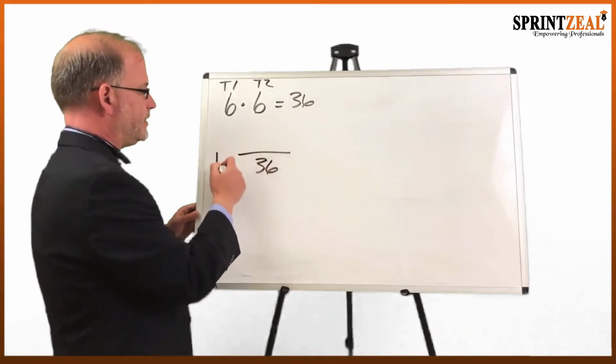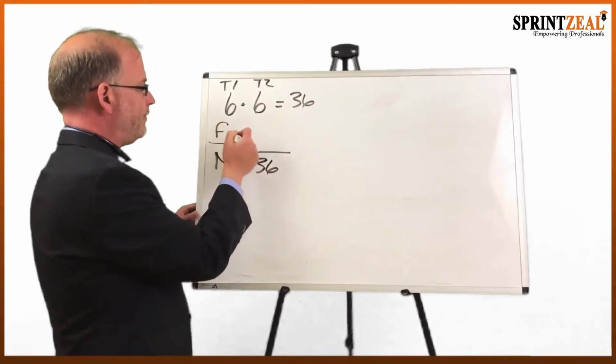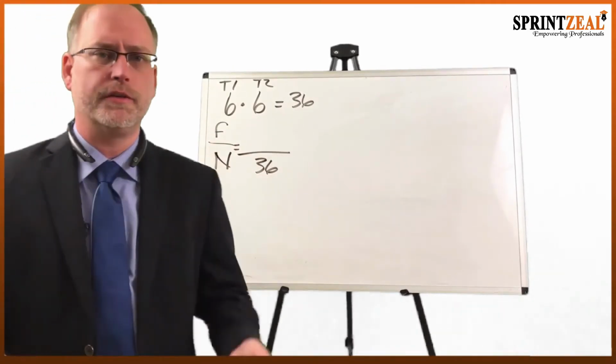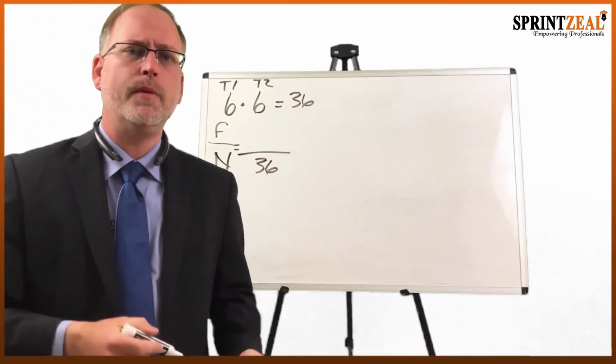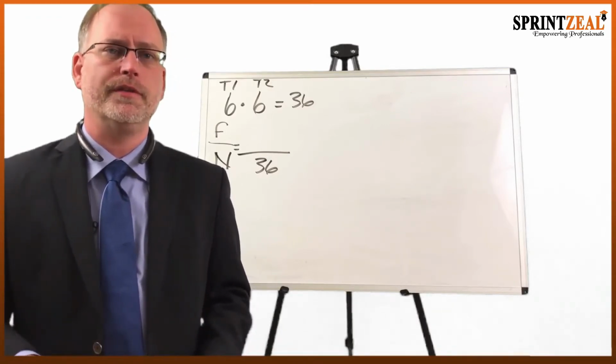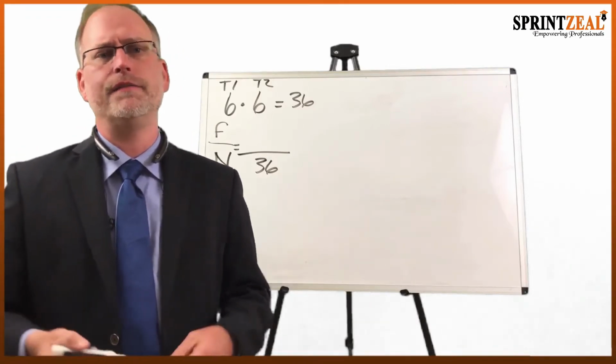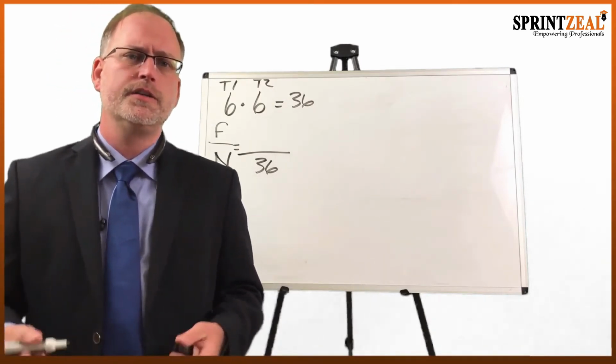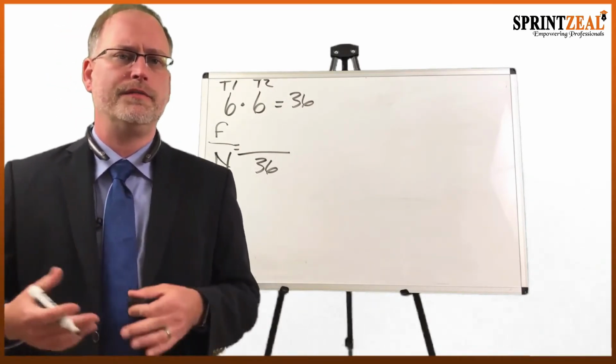Remember, it's always F on top. The total number is 36, but now we have to figure out the total number of events. What's the probability of getting a 3 followed by a 2?